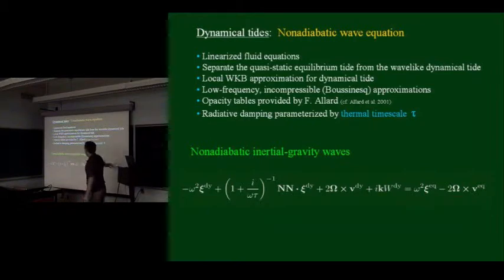So I've written down the equation governing these modes just to show you that one can separate out the equilibrium tide on the right here from the dynamical tide on the left. Of course, I keep calling them gravity waves, but they're really mixed inertial gravity waves because the Coriolis force is important as well. So you have the Coriolis term. This is the Brunt term, the gravity wave part. And here's the dissipation component with this radiative time scale.